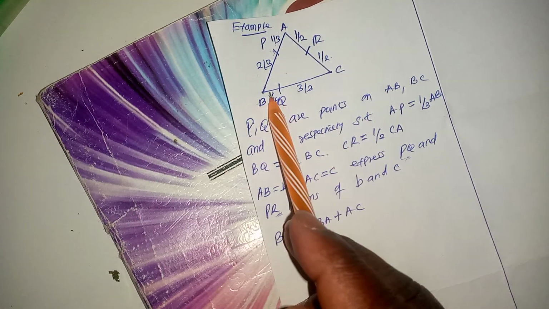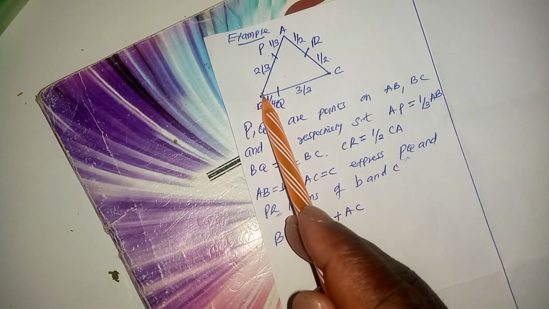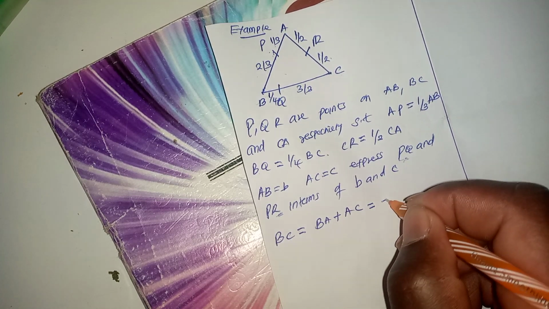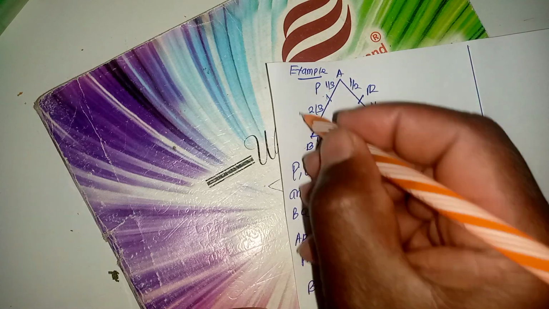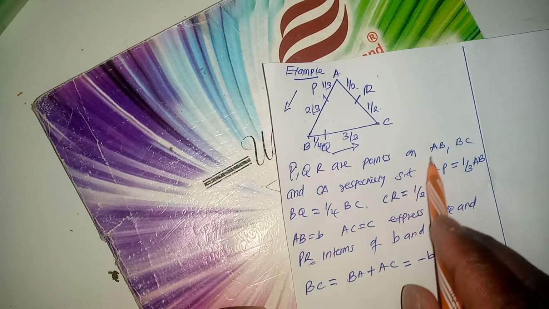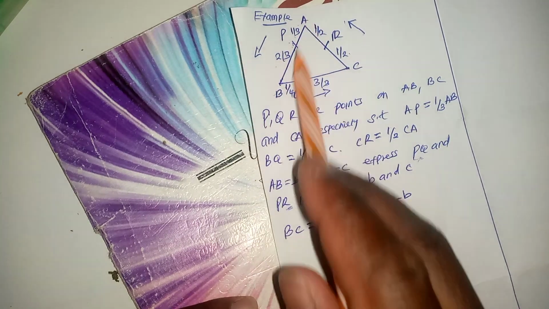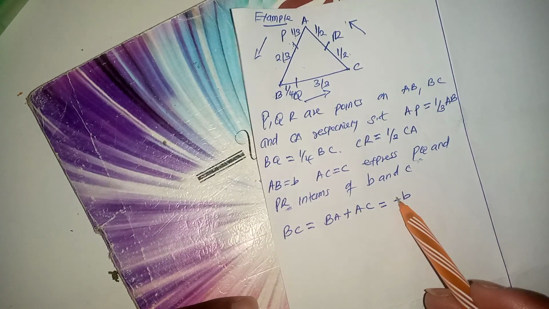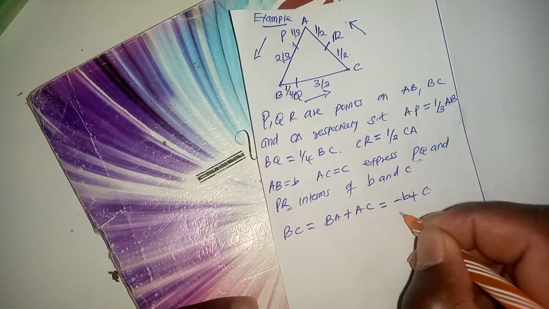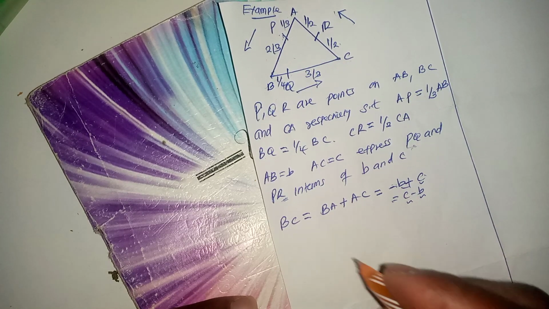We are starting from B and we want to end up at C, so we can pass through BA plus AC, which is equivalent to negative B, since this is coming this way, plus C, since AC is C. So BC is C minus B, and these are our vectors. Now we want to find PQ.